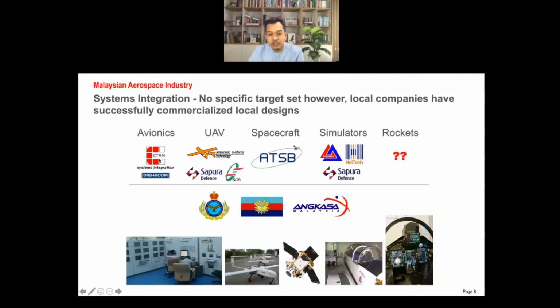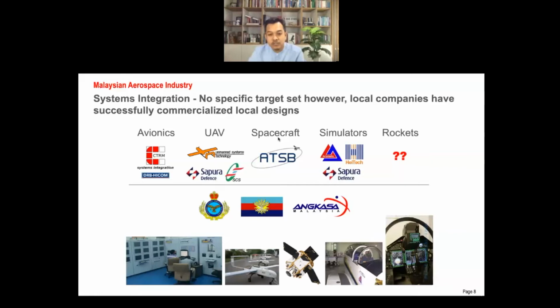We have system integration by CTRM, and related to unmanned aerial vehicles, or unmanned aerial systems, UAS as it is nowadays called, we have Unmanned Systems Technology, UST. We have Sapura Defence.